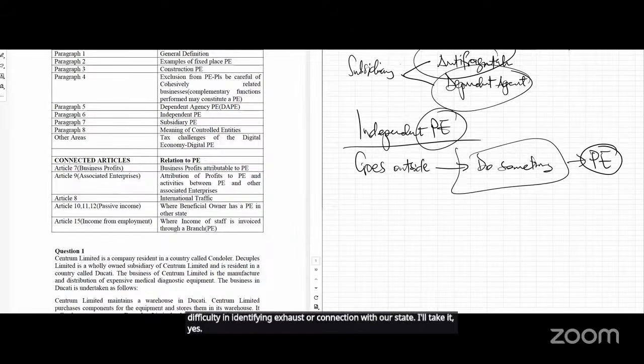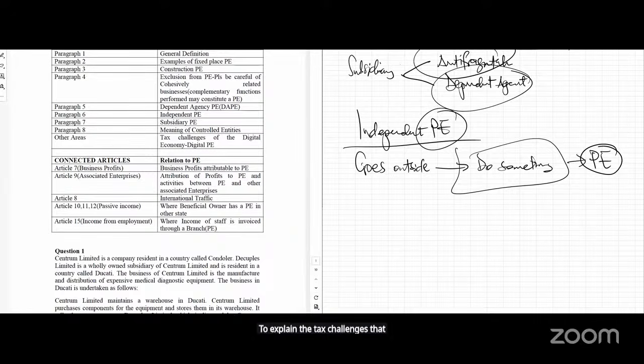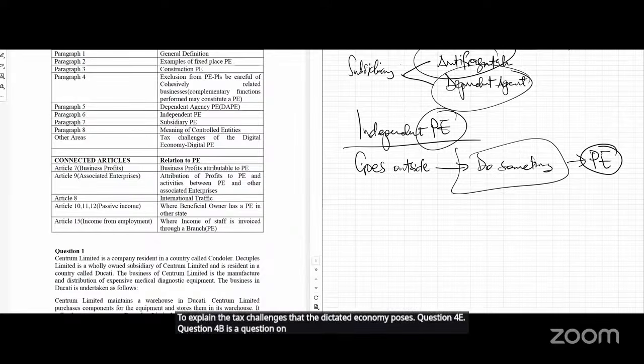Yes. Please, be very careful with this, because it's possible it's coming for 10 marks, where they ask you Question 4 to explain the tax challenges that the digital economy poses. Question 4A. Question 4B is a question on Pillar 1 and Pillar 2.